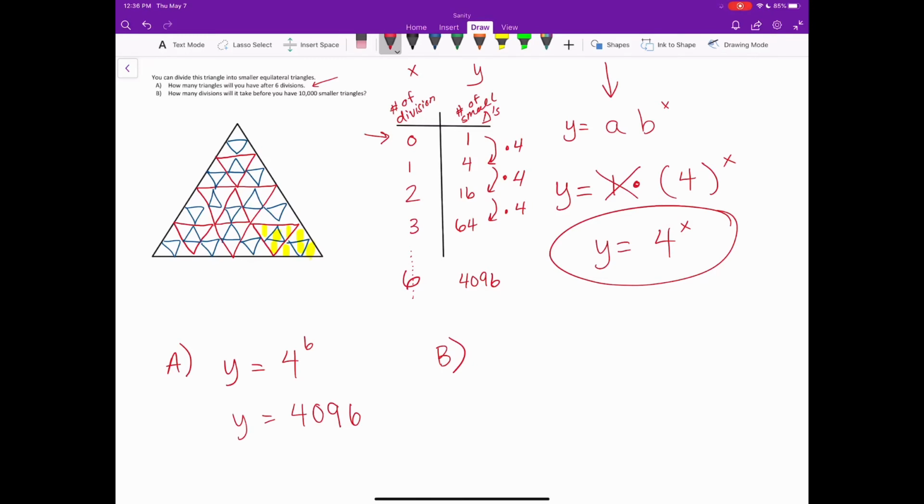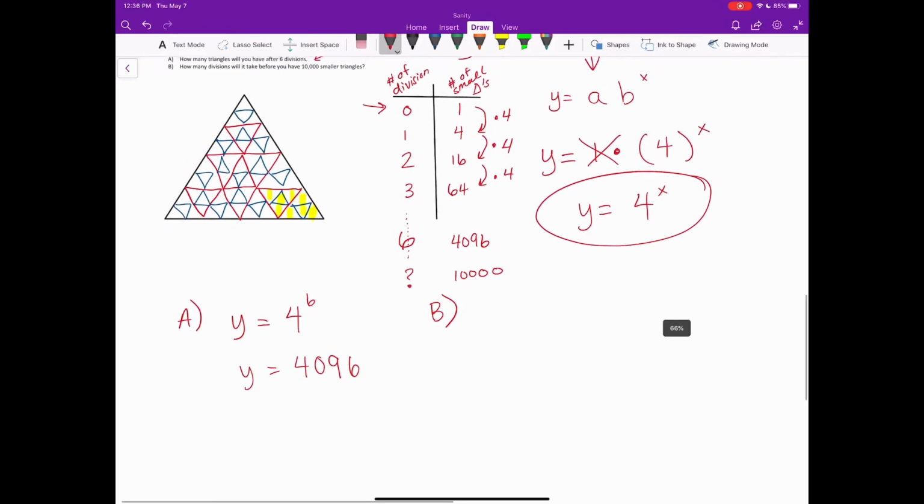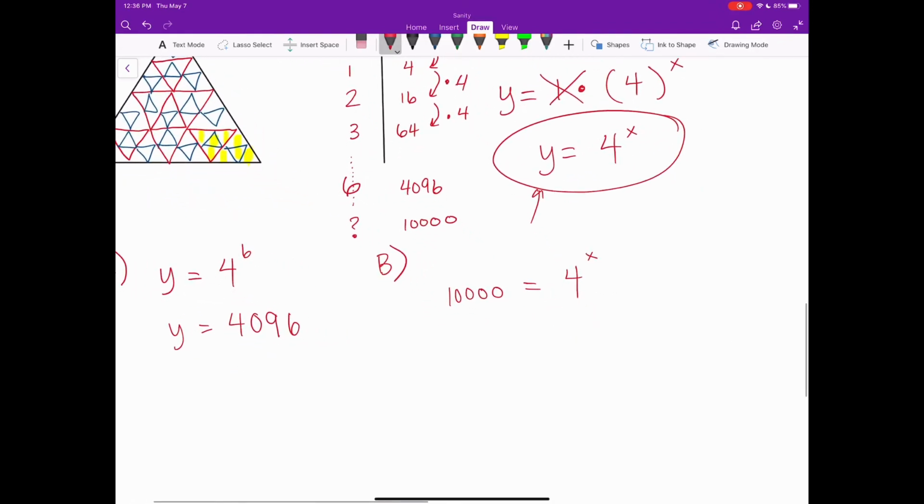Okay, so now I'm asking, if I have 10,000 smaller triangles, how many rounds of cutting did I have to do here? So now I'm solving for x. Now I know what my y value is, so I'm going to put 10,000 equals 4 to the power of x here, right? That's what we're solving for. And then we can just use our logs, all right?